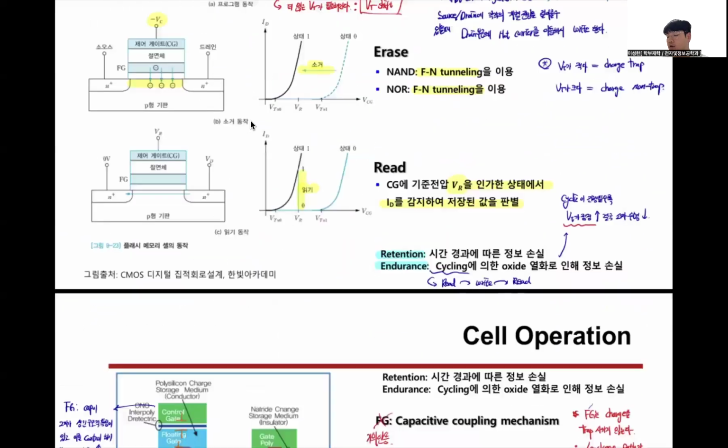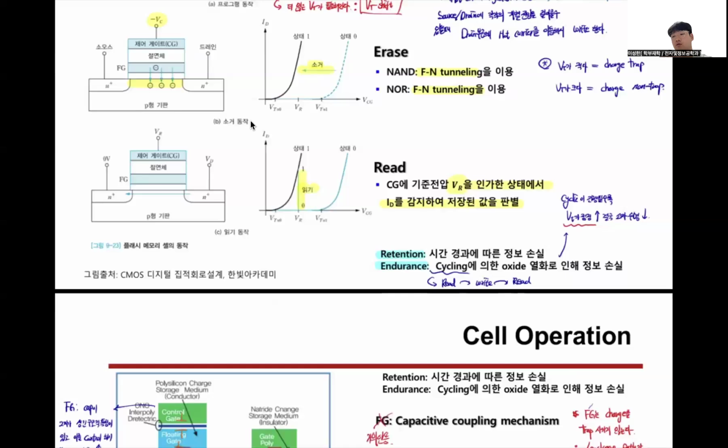And then this is the problem with flash memory: retention and endurance. Endurance is about writing, read, erase, writing, read, erase. This is called cycling.